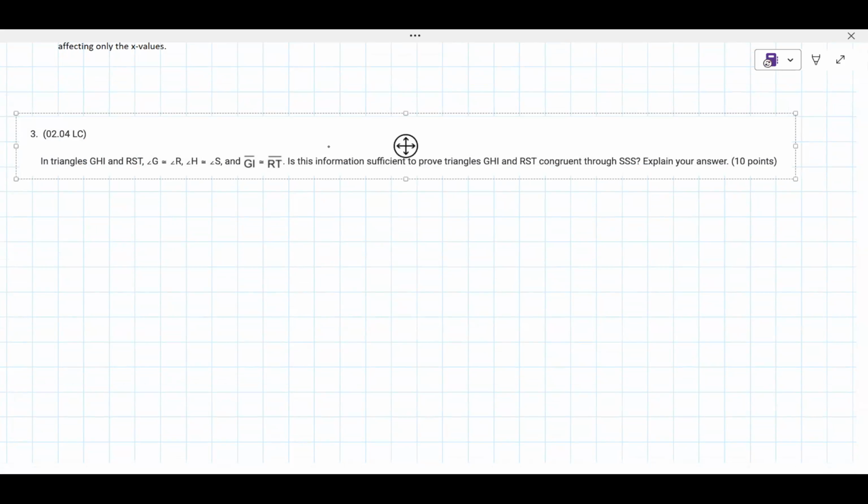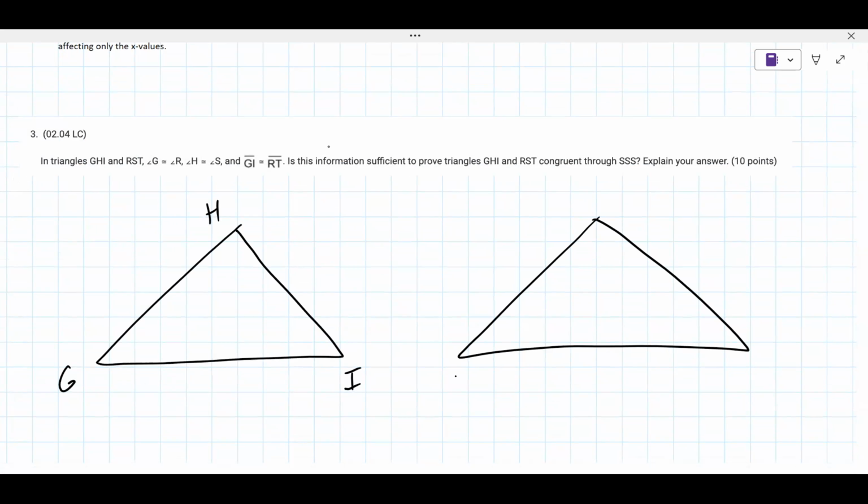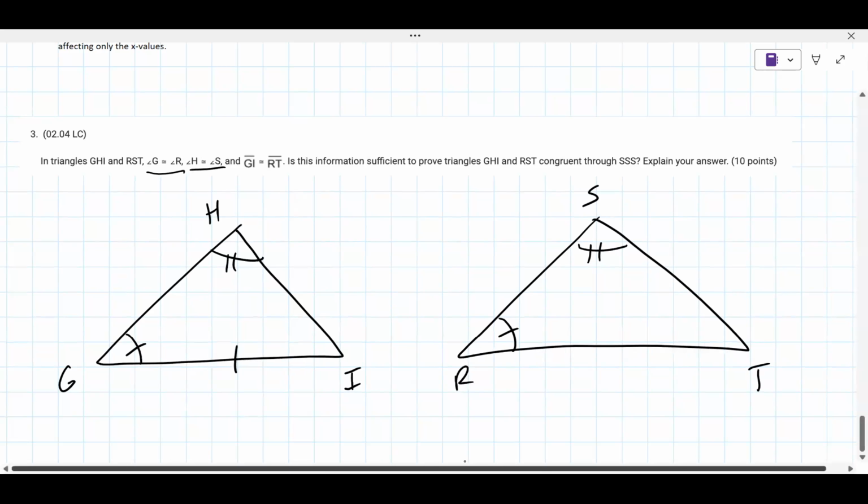So the first thing you might do is draw two arbitrary triangles that look the same and label them the same way, like GHI and RST, and then start labeling the indicated stuff. Since angle G is congruent to angle R, H is congruent to S, and GI is congruent to RT.